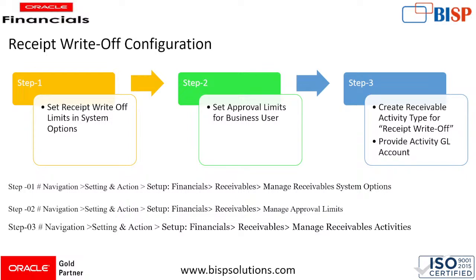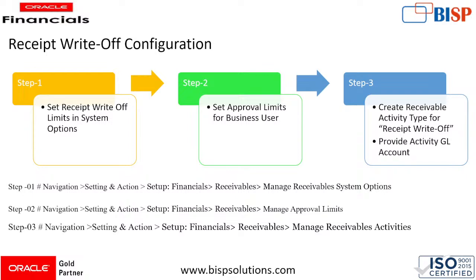When you enter the receipt and combine it with a positive adjustment, receivables creates the following journal entry: debit cash and credit receivables, and for the invoice, debit receivables, credit write-off. So let us navigate and see the steps behind that.